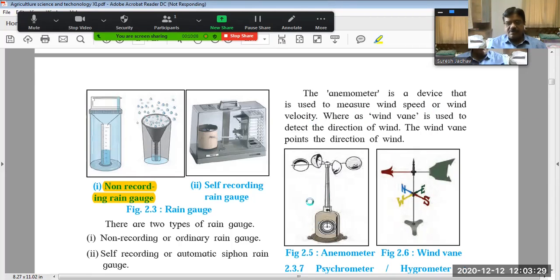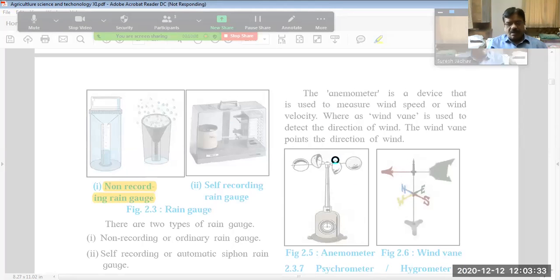Now have a look at this picture. There are 4 cups. As per the direction of the wind, these 4 cups rotate, and this rotation gives the recording of the speed of wind.